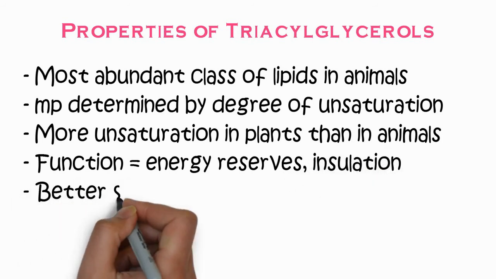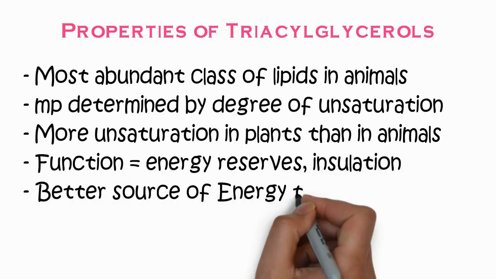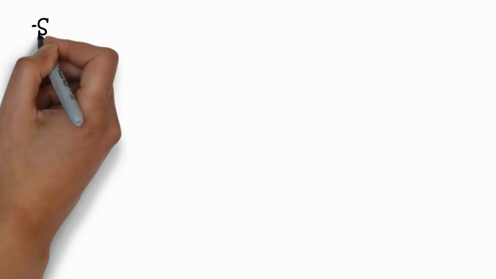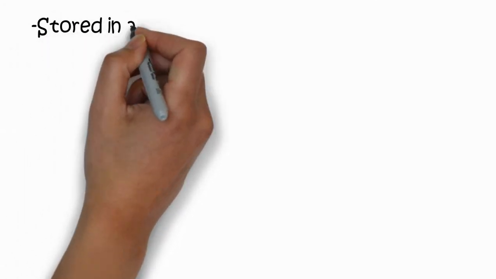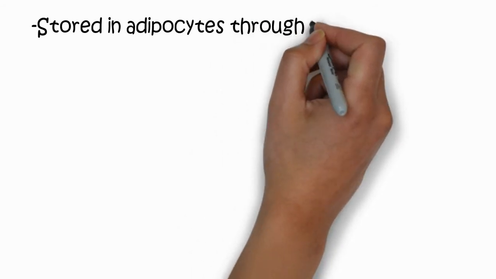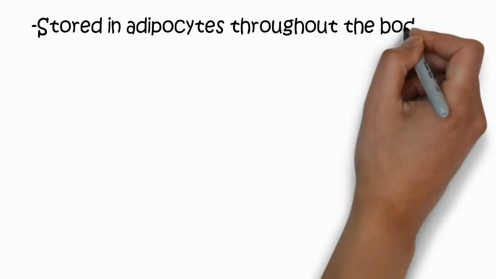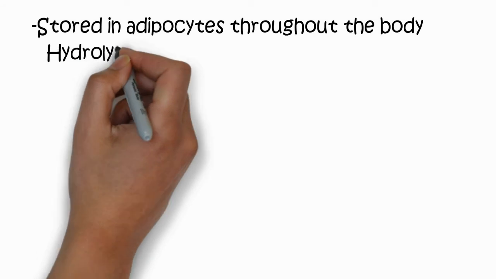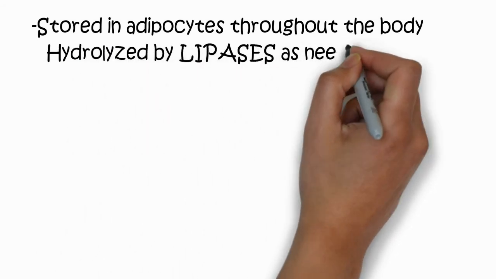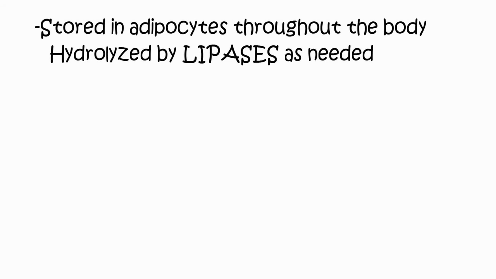An important function is that they serve as energy reserves and as insulators. They are better sources of energy than carbohydrates. They produce more energy than carbohydrates and even proteins. They are stored in the adipocytes throughout the body, and they are hydrolyzed by lipase enzyme as needed.